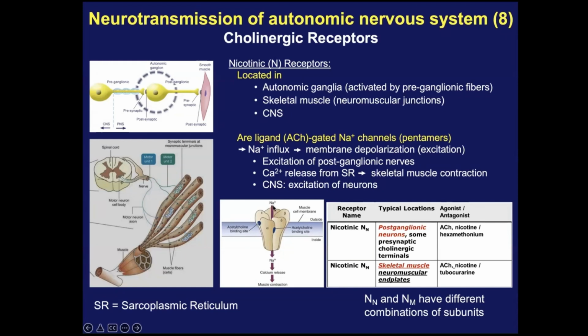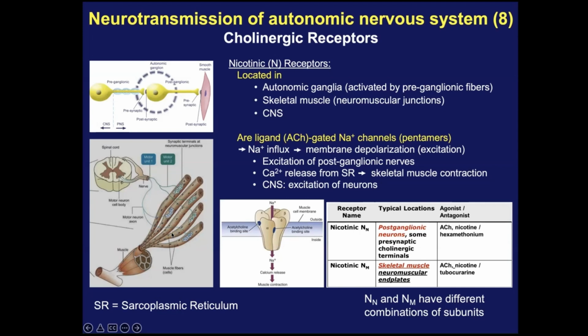This sodium influx will cause cell membrane depolarization, which is also called excitation of the cell membrane. In this post-ganglionic neuron, this excitation will cause the activation of this neuron to cause the release of the neurotransmitters at this synapse to regulate the target cell activity.